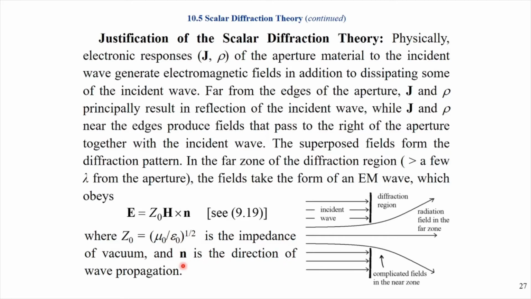N is the direction of wave propagation. So from here to here, or from here to here. And we know they have a simple relation: E equals Z0 times H cross N. E can be expressed in terms of H and N, or H can be expressed in terms of E and N. Or N is related to E and H.